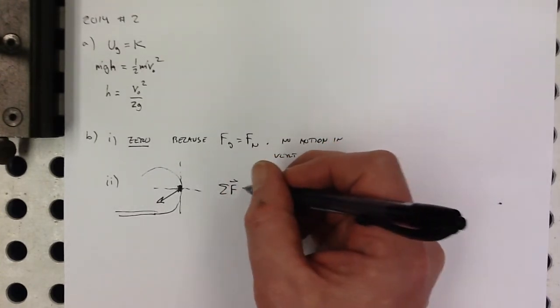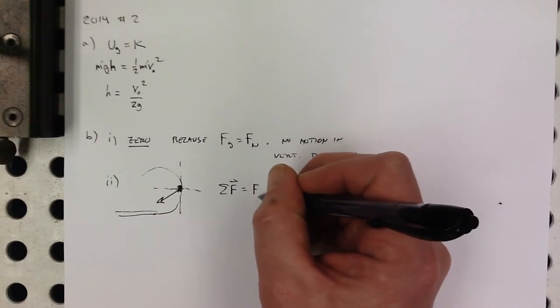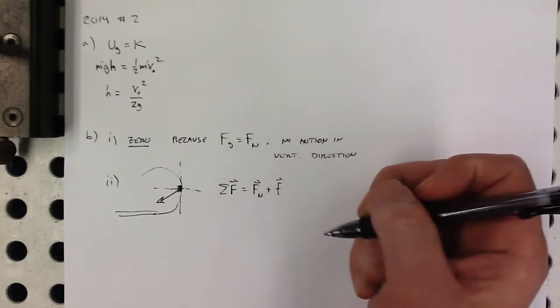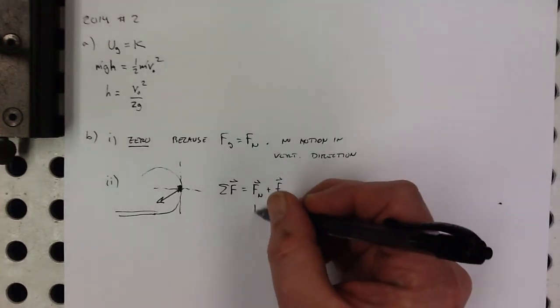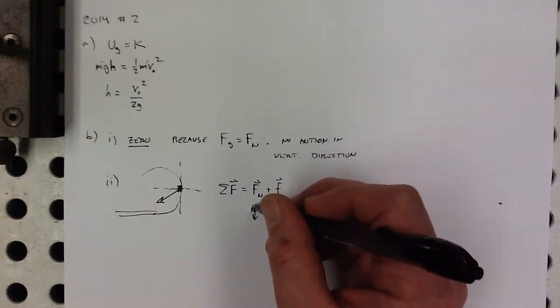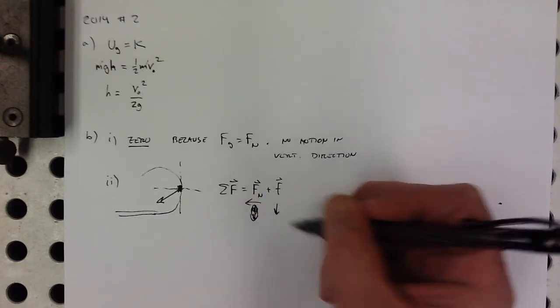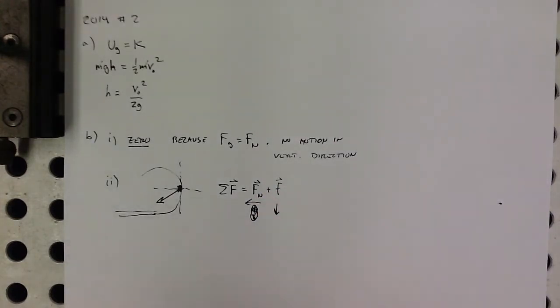So the vector sum would be the normal force plus the force of friction. The normal force is that away, and the friction force is that away. So you can justify it something like that.